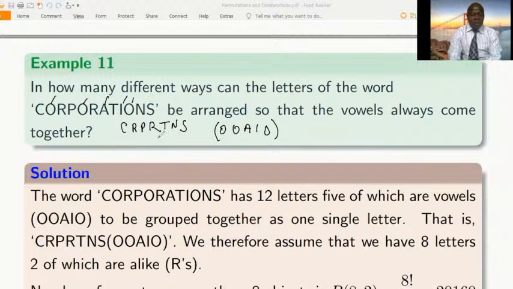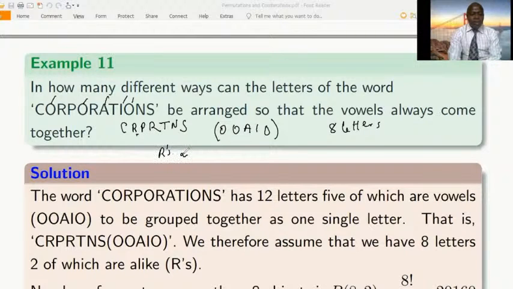So how many letters do you have, first of all? We have 1, 2, 3, 4, 5, 6, 7, 8 letters. We have 8 letters because we've been told that the vowels must always come together, so we consider the vowels as one letter first. Now, of these 8 letters, we notice that R appears twice.